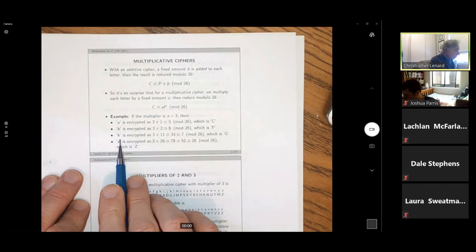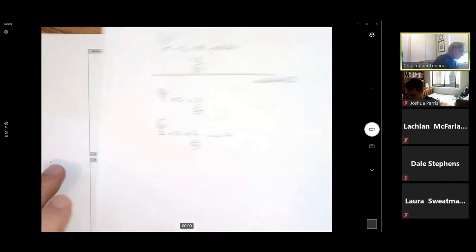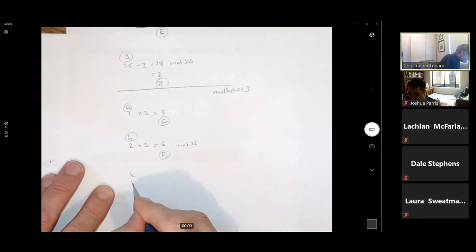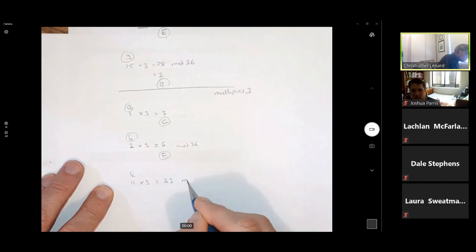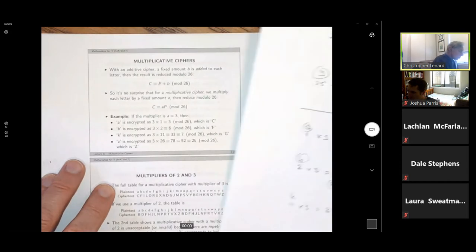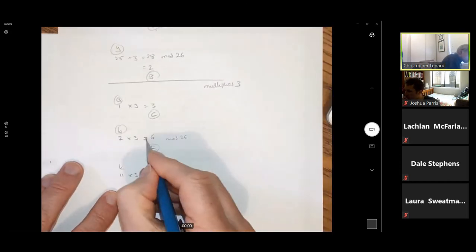K, 3 times 11. So basically, K is the 11th letter of the alphabet. We multiply it by 3, that's 33, but we've got to take it mod 26. I should actually put congruences there.